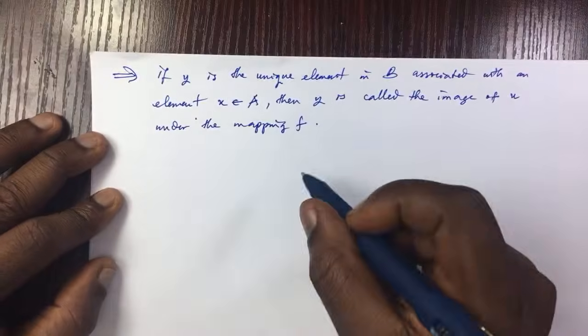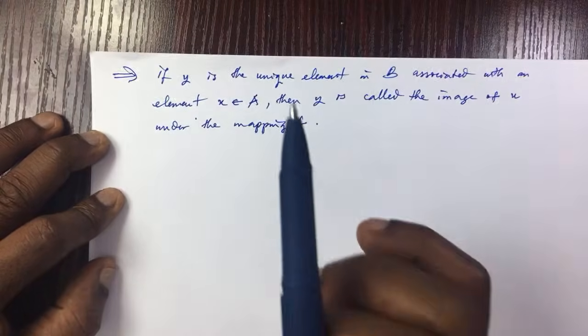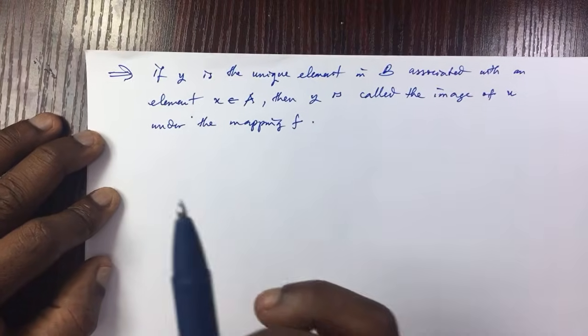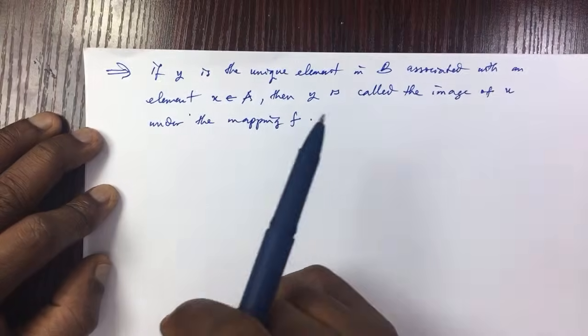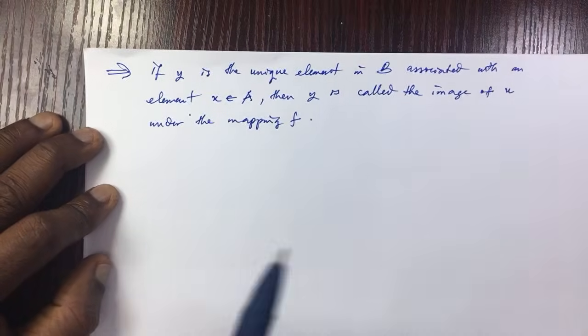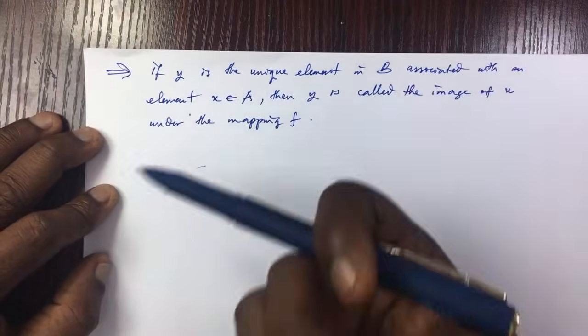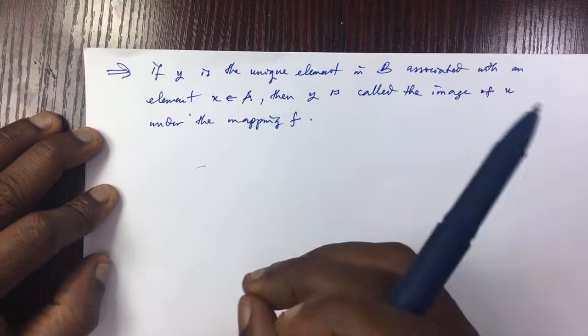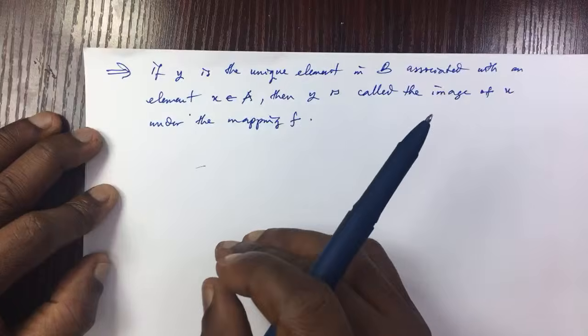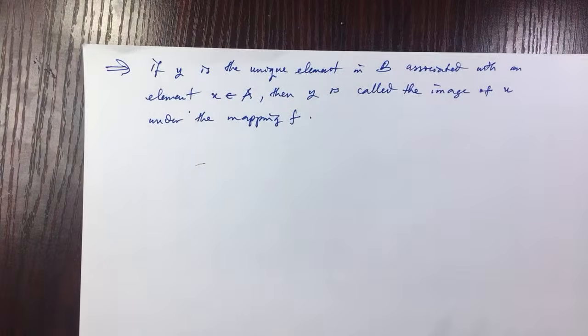Now, if y is a unique element, remember the B set is the codomain and the A set is the domain. Now, what do we call y, that unique element in B that was associated with any element x in A? The y is called an image of the element x in A, under that mapping f.